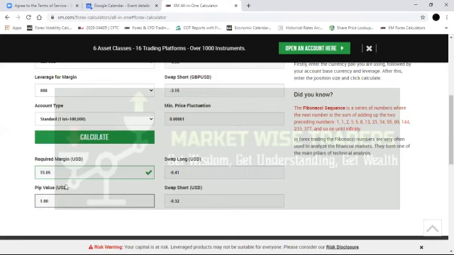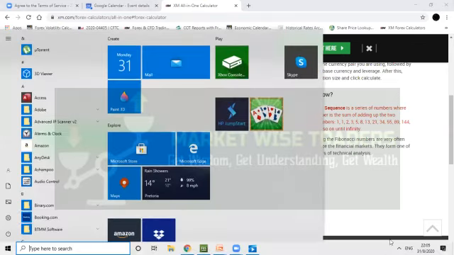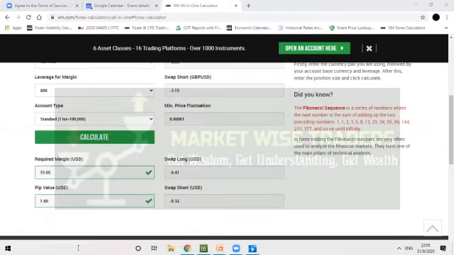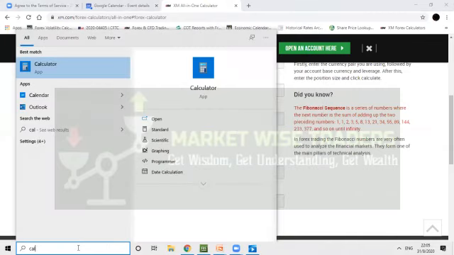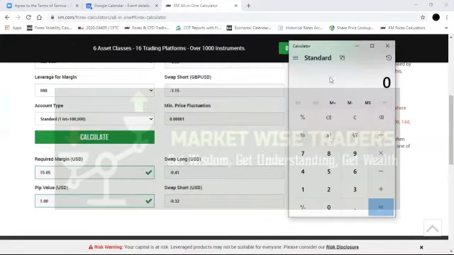The pip value is $1, meaning, what is 40% of $15? Let's just have a look at that again. Where's my calculator? So I want this, $15, right?